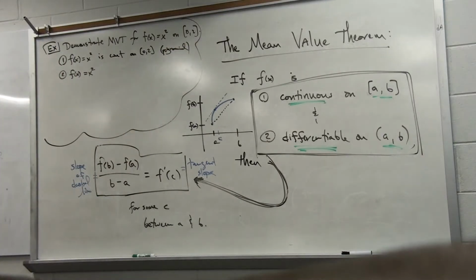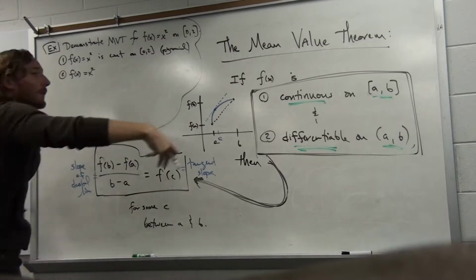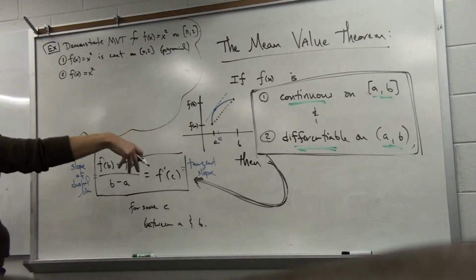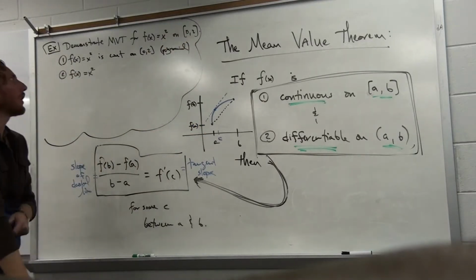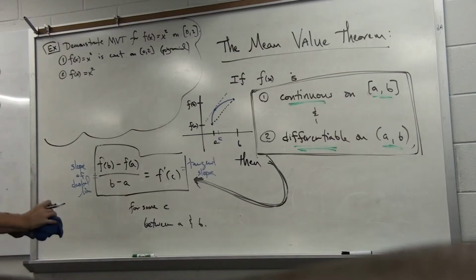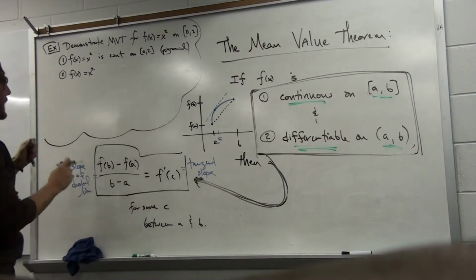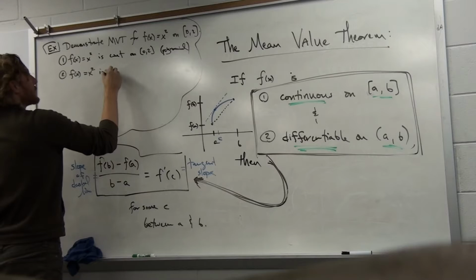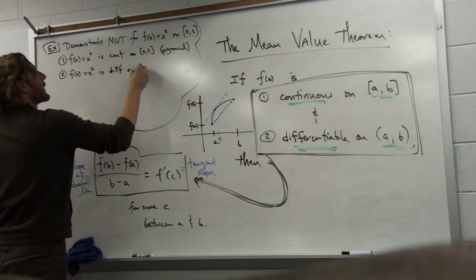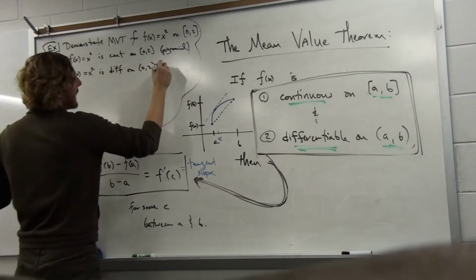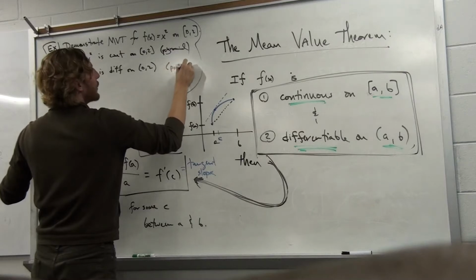Because it's a polynomial, it's continuous, in fact, along all of the x-axis, but in particular, it's continuous on our closed interval, 0 to 2. F of x equals x squared is also differentiable on the open interval, 0, 2. And why? Because it's a polynomial.